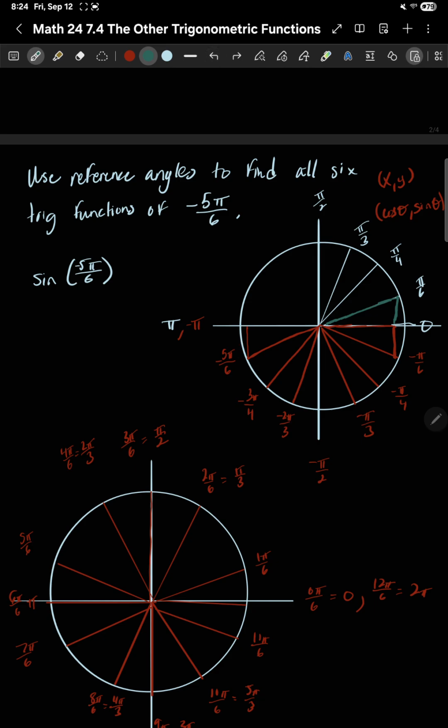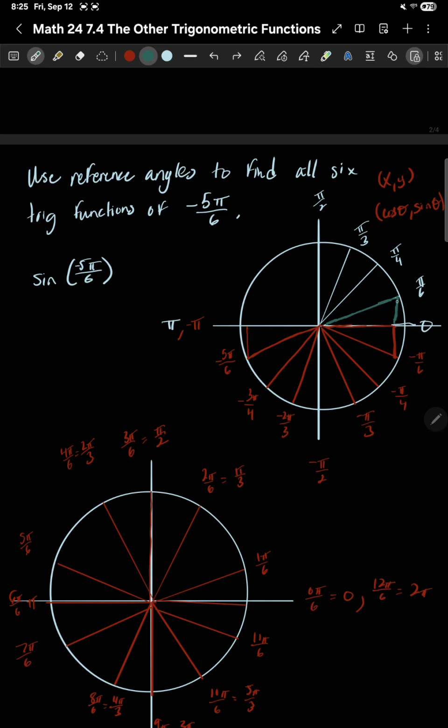Luckily for us, notice that this first green triangle and this red triangle are the same triangle, just flipped across the x-axis, and it is also the same triangle here. They're just moved around.